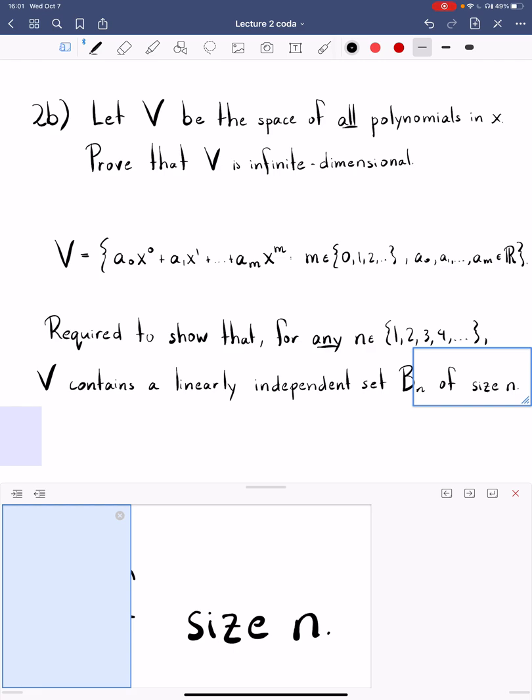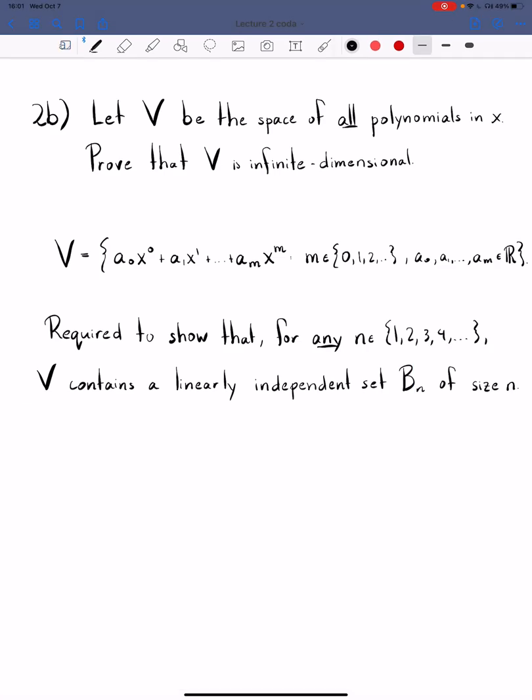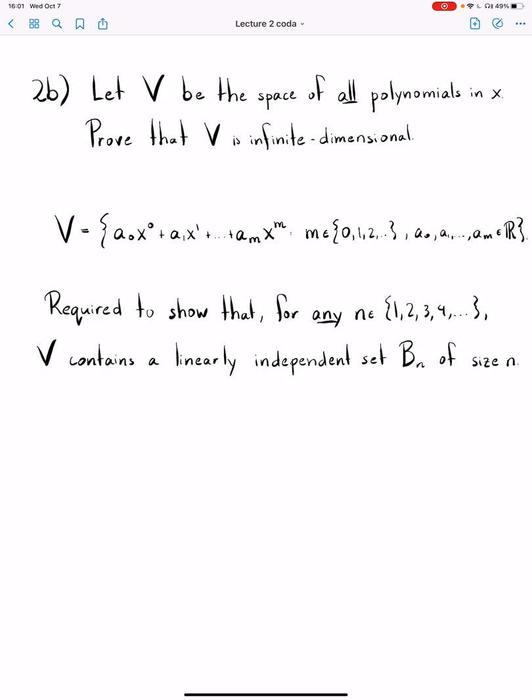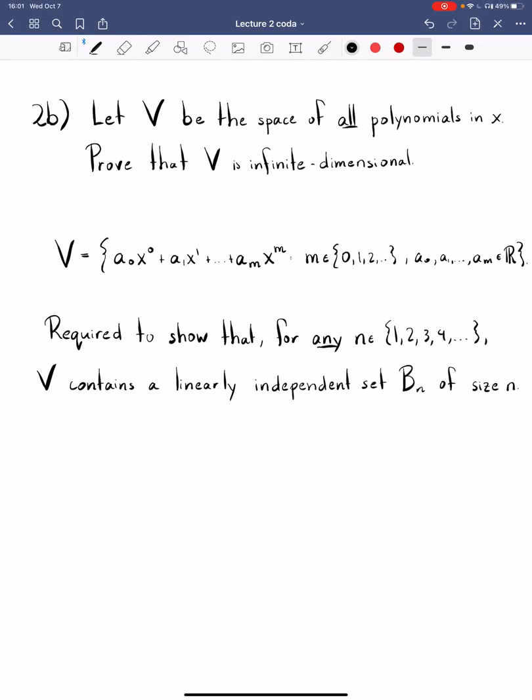So V contains linearly independent sets of size 1, of size 100, of size 1000, of size 1 million, size 1 trillion, and so on. Okay, as large as you want.